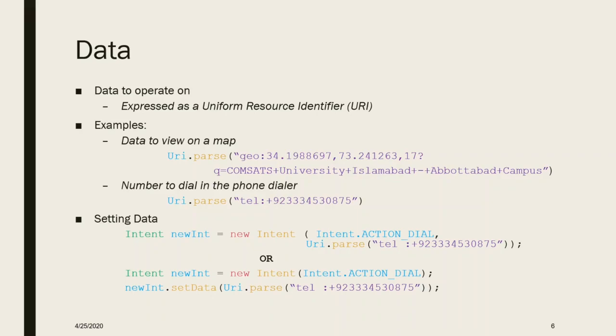Note that the strings that represent the underlying data are first passed through the Uri.parse method, which takes the string and returns a URI object. You can set the intent's data in a variety of ways. For instance, you can pass it directly into the intent's constructor, or you can create an empty intent and then use the setData method to set the data for that intent.